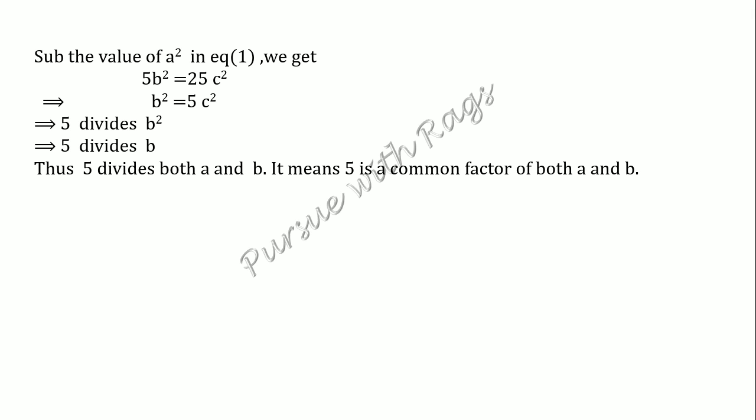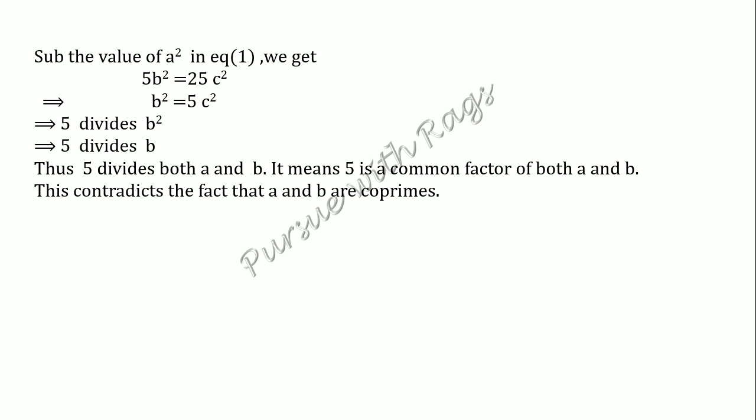But in the beginning of the question, we have taken A and B as co-prime integers. What do you mean by co-prime, guys? The common factor should be only 1. The HCF should be 1. But here we have got 5 as a common factor. This contradicts the fact that A and B are co-primes.